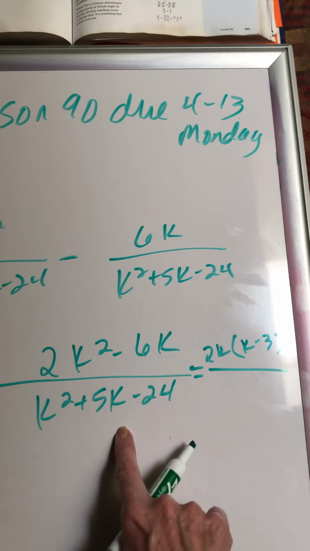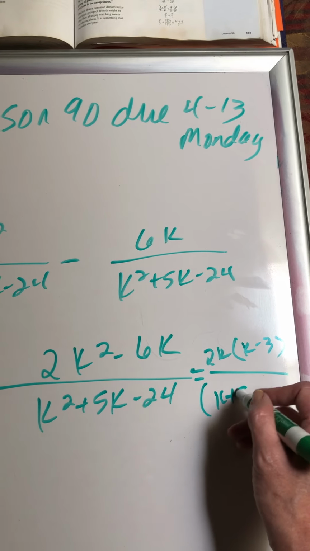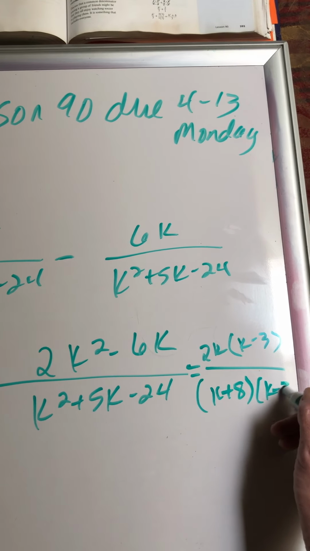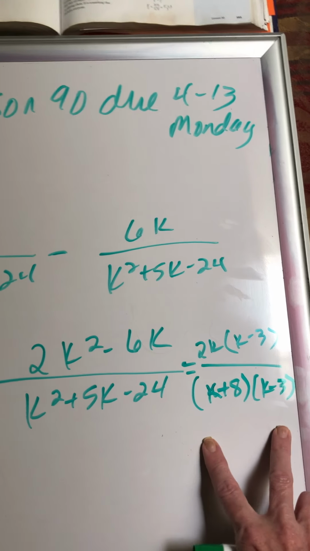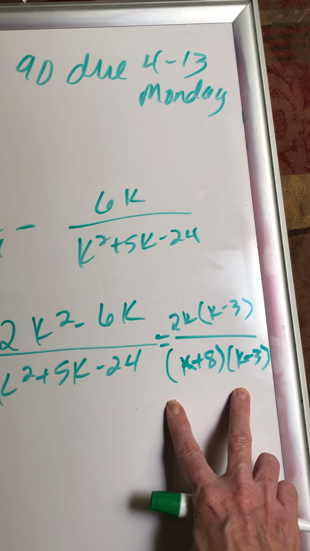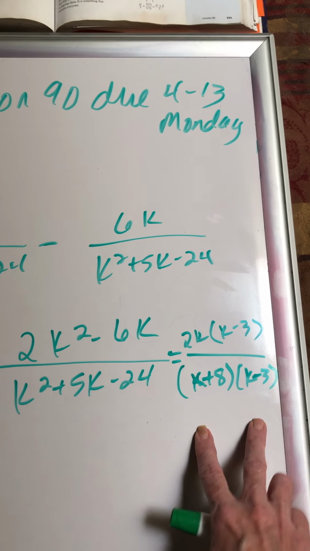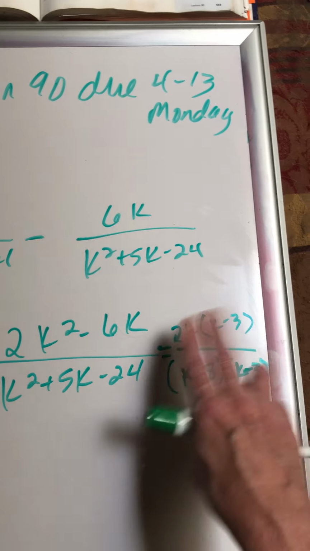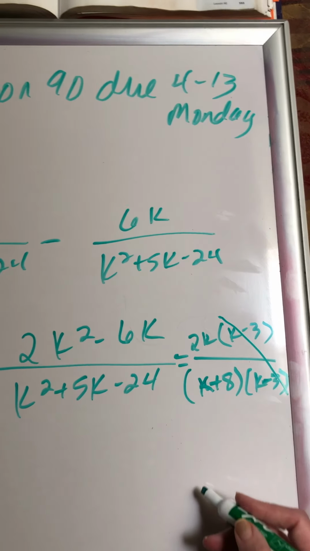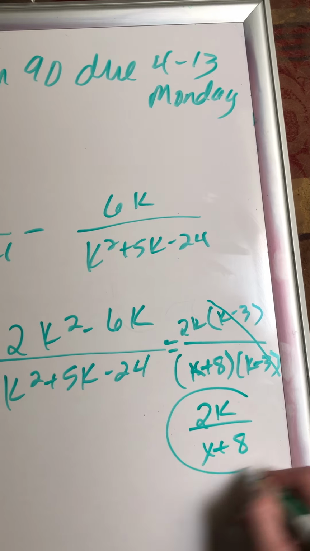And then k squared plus 5k minus 24 would be k plus 8, k minus 3. Again, that's factoring stuff that you've done before. That's one reason why I did want to go over this lesson, because it goes over factoring again. You need to be able to factor and cancel. The k minus 3's cancel. So you're left with 2k over k plus 8.